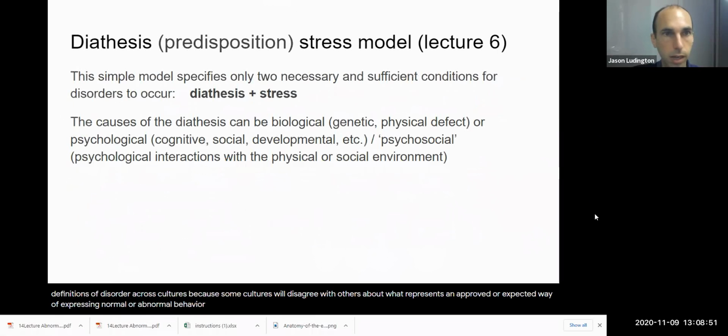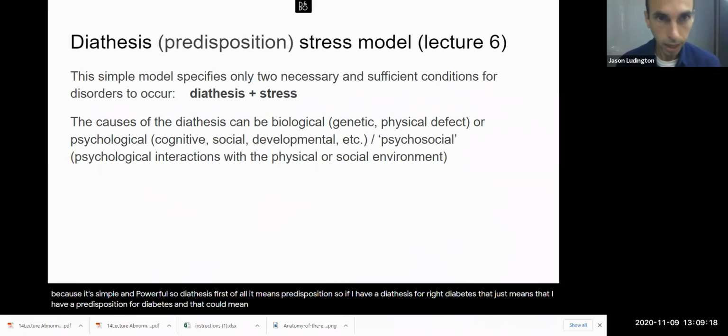And another recapping slide. This is the diathesis stress model. This is an important model because it's simple and powerful. So diathesis, first of all, it means predisposition. So if I have a diathesis for diabetes, that just means that I have a predisposition for diabetes.